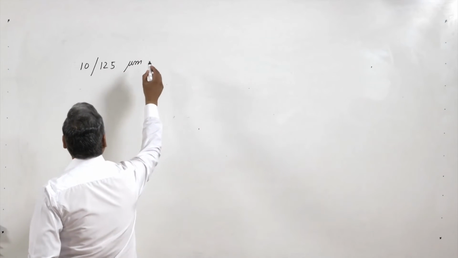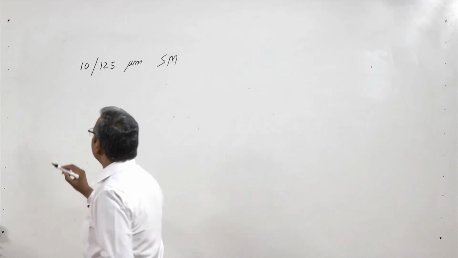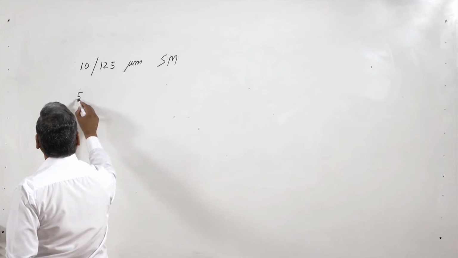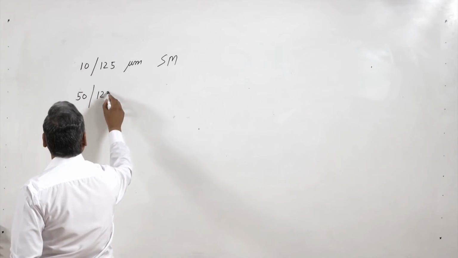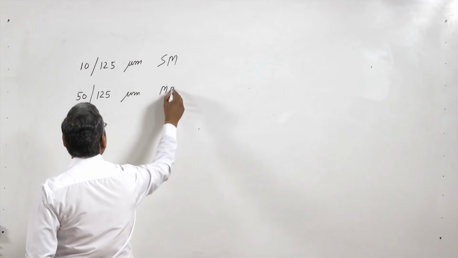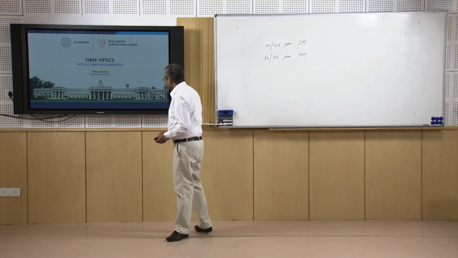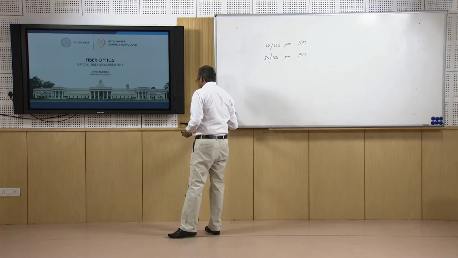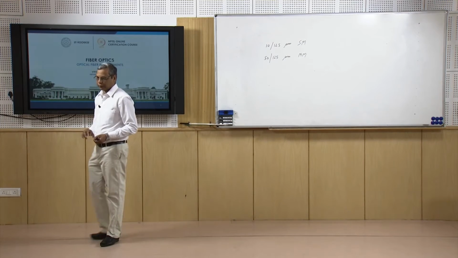This is single mode fiber, and a multi-mode fiber may have a core diameter of 50 micron and cladding diameter of 125 micron. So, this is multi-mode fiber, and then there is acrylic coating. So, the overall diameter might be 200 micron or 250 micron.